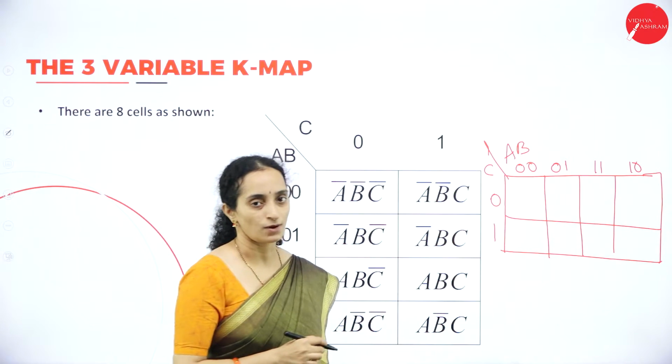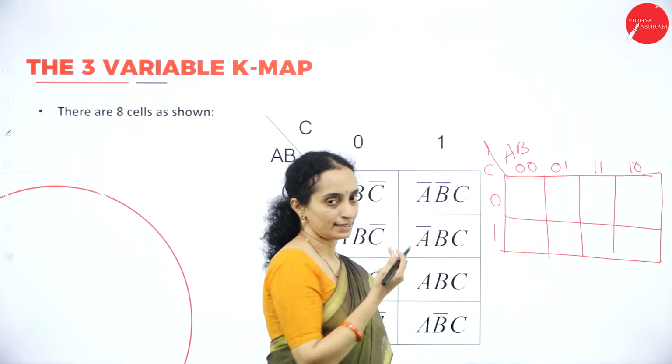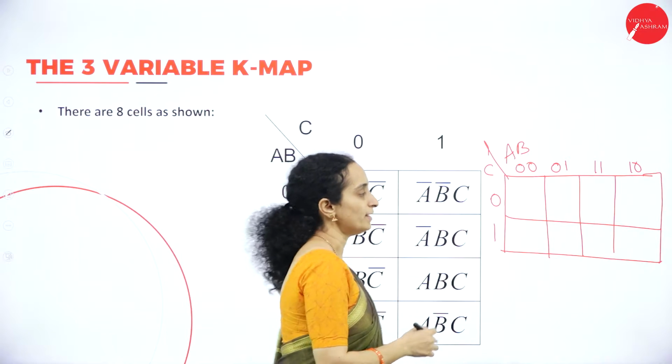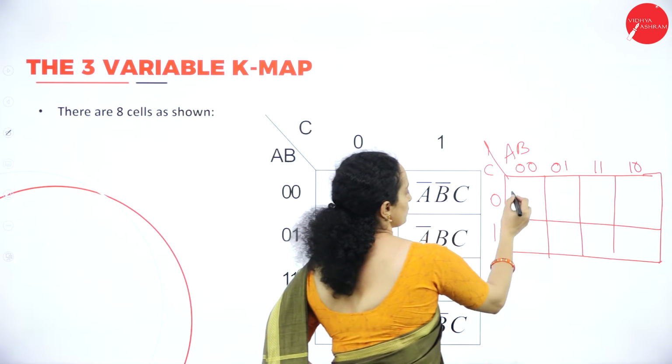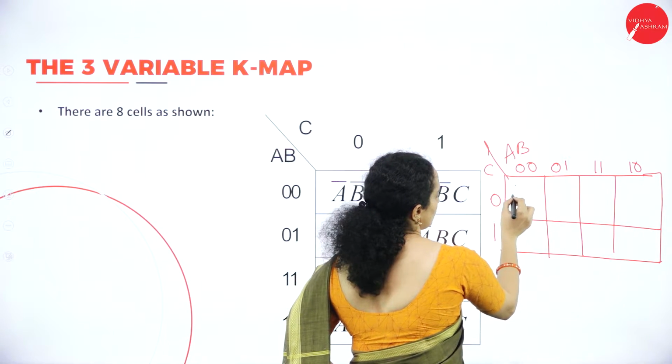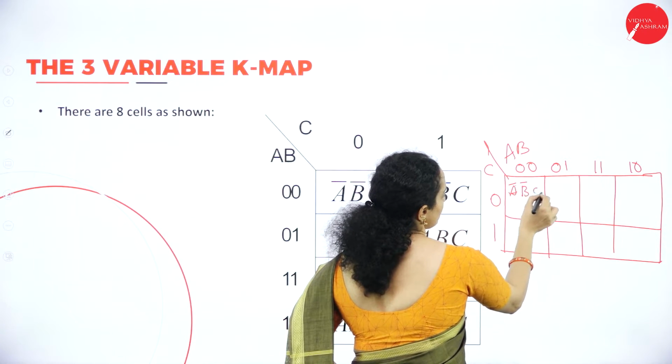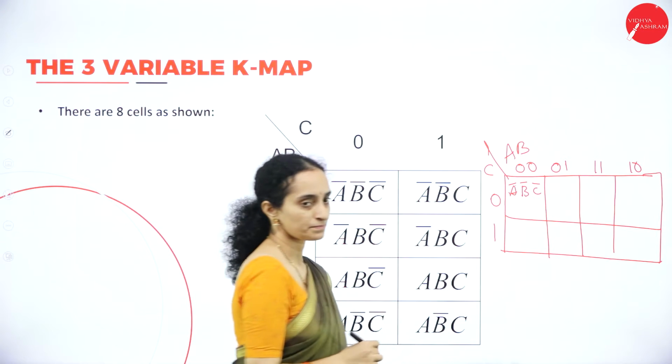You know about the gray code, changing 1 bit at a time. So it will be 0, 1 followed by 1, 1 and 1, 0. So this will be 0, 0, 0 or A dash, B dash, C dash.